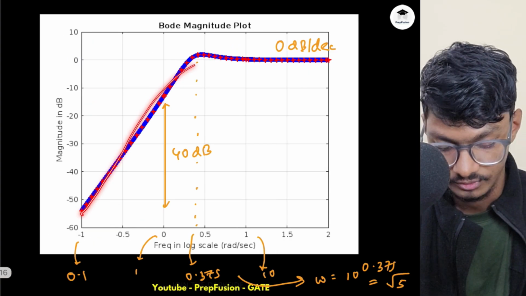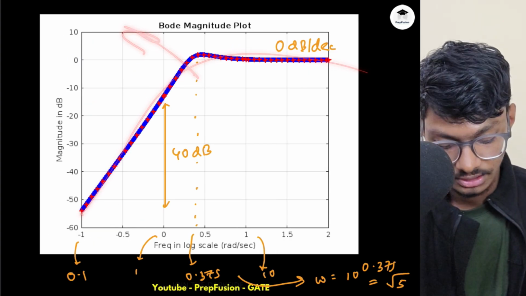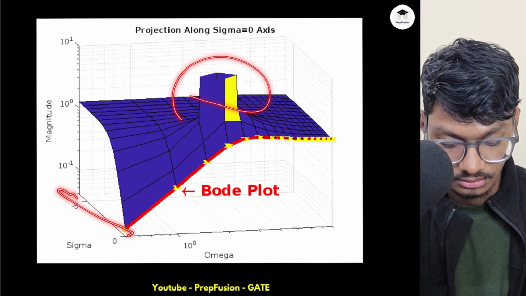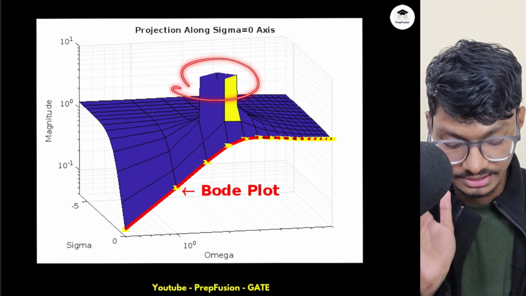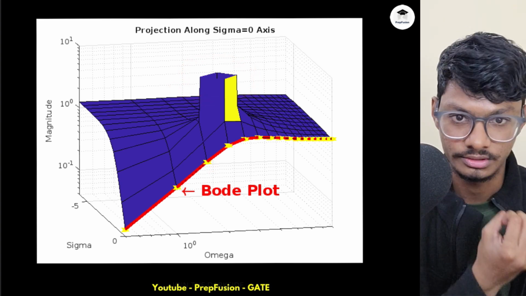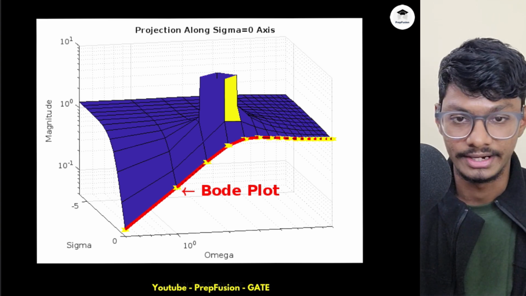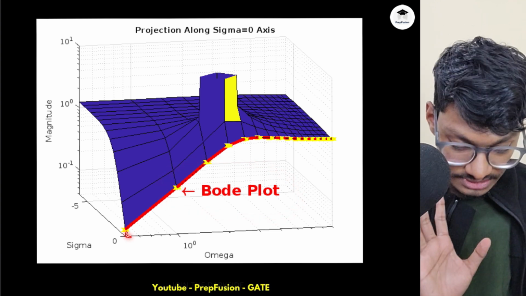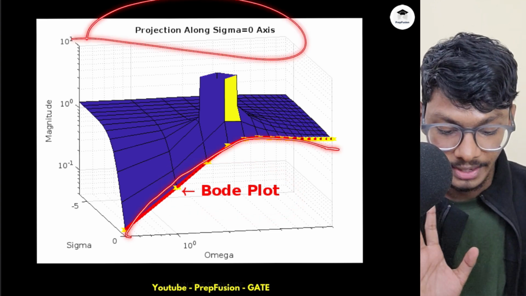But behind this, as sigma is reducing, the magnitude is increasing. So at this particular point it is blowing up. This is the confusion I got from a few students, and I was planning to explain this, but I couldn't get the time for all this. So this is the Bode plot and this is the 3D magnitude plot.